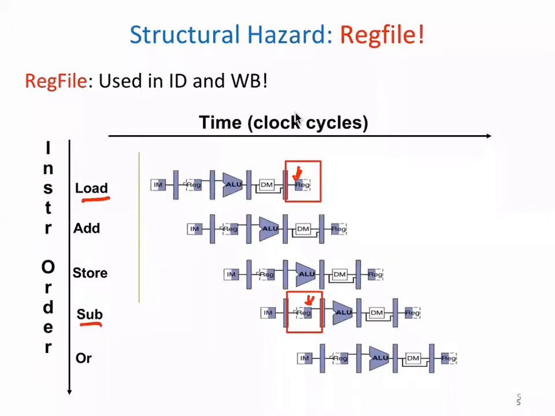The subtract instruction is reading the register while the load instruction is writing the register. Since writing happens earlier than reading in the register file, this is okay.